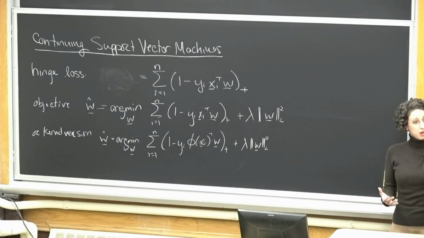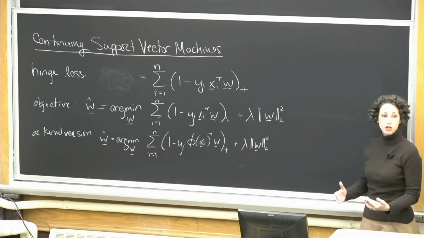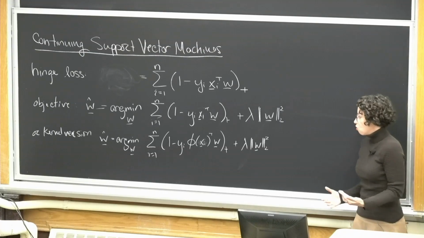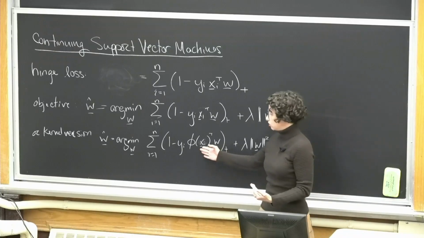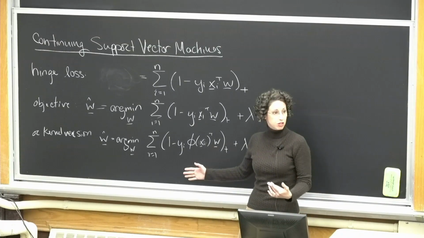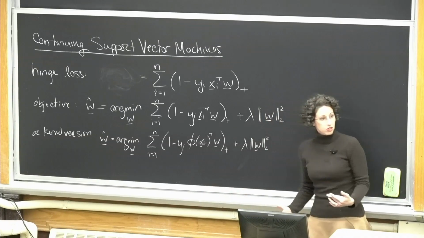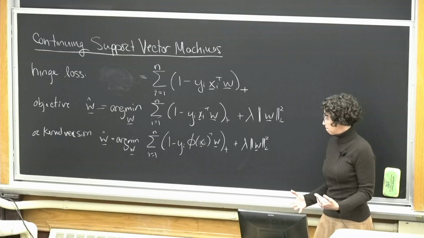Okay, now when we before had talked about kernel ridge regression when we were using squared error, what we said is that there are many settings where this phi vector could be very high dimensional, and we wanted to avoid computing it explicitly, and we wanted instead to use a kernel function.